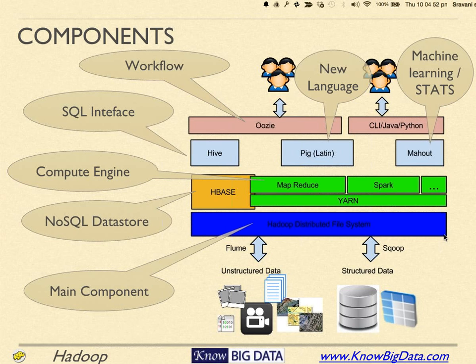Now there is a database called HBase. HDFS is great when you have to store data in the form of big files. When you have to store files, you just dump them on HDFS. But if you have to store records, really huge records, then you use HBase. Most of the time you will be dealing with records instead of files, right?